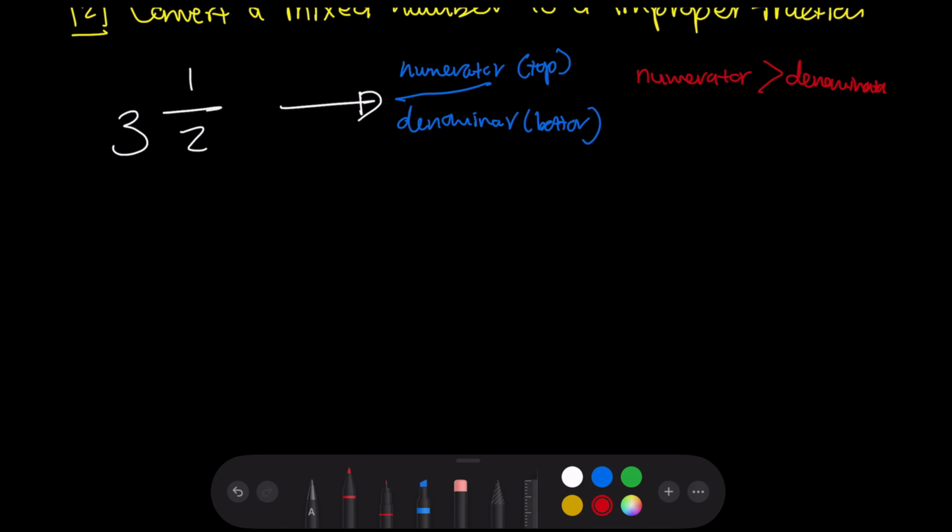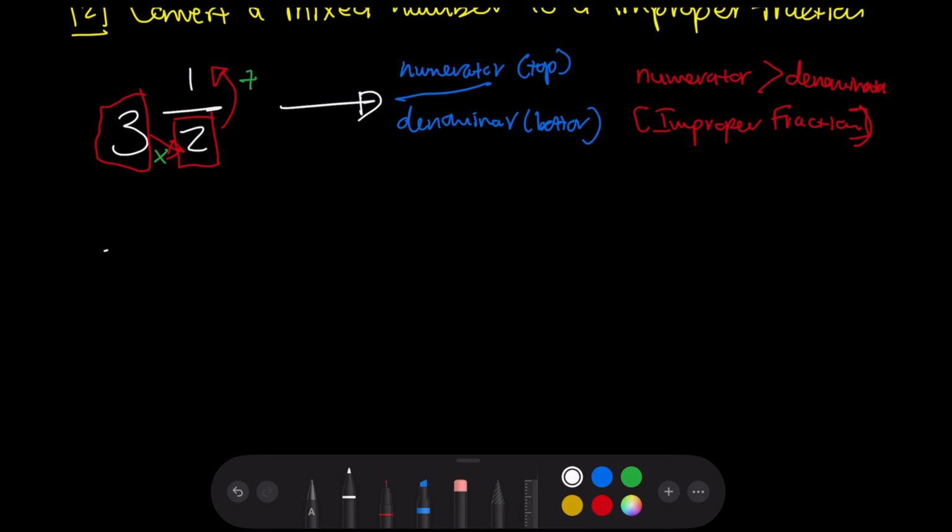So the steps in order to convert a mixed number to an improper fraction are as follows. I simply take my whole number and I multiply my whole number by my denominator in this mixed number, and then I simply add the numerator.